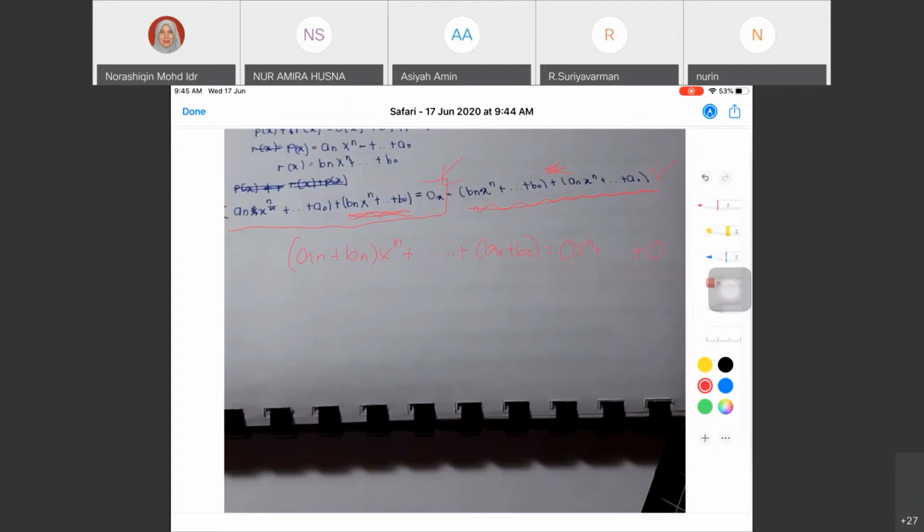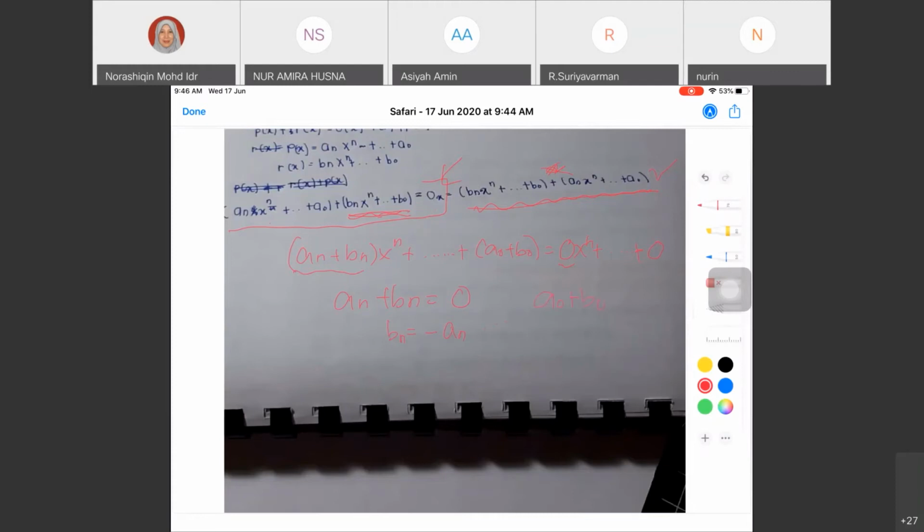Now can you solve for the b? So again, we need to equate the coefficients. So a_n plus b_n equals 0. So what is b_n? Negative a_n. And so on, we have a_0 plus b_0 equal to 0.